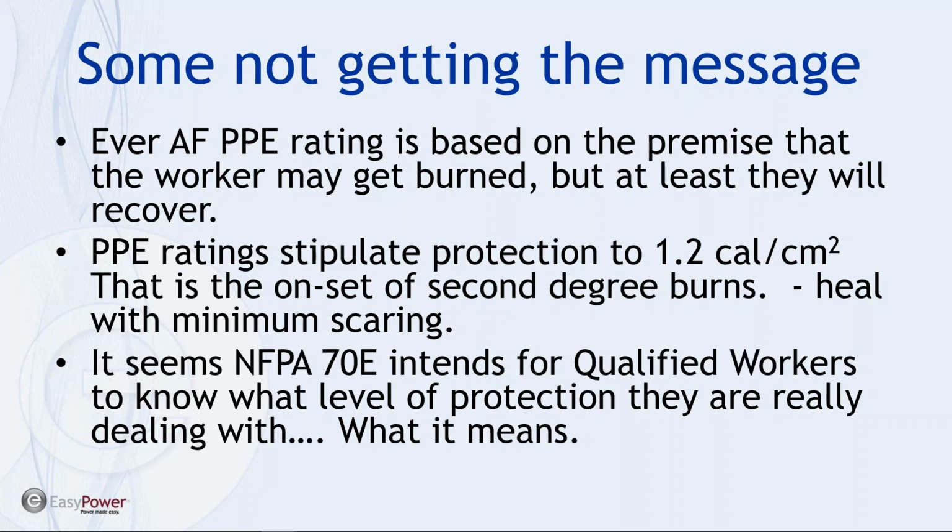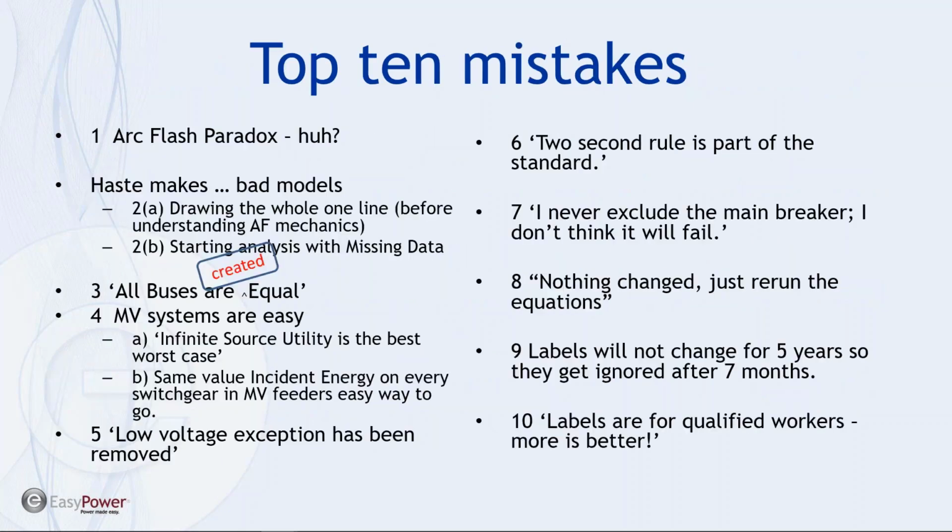So it seems that NFPA 70E intends for qualified workers to really understand the level of protection that they're dealing with, and to find some common ground in understanding what that means. So the bottom line is the information on the label should be understood by both the rank and file as well as the management that are dictating the content of the label.